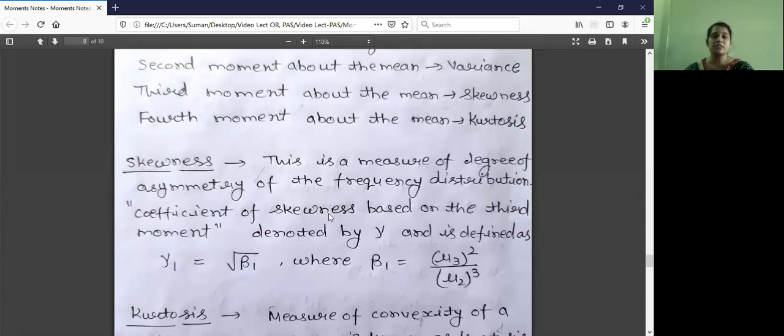The coefficient of skewness based on the third moment is denoted by gamma 1 and is defined as gamma 1 equal to root beta 1, where beta 1 is equal to mu 3 squared, where mu 3 is the third moment about the actual mean, divided by mu 2 cubed.